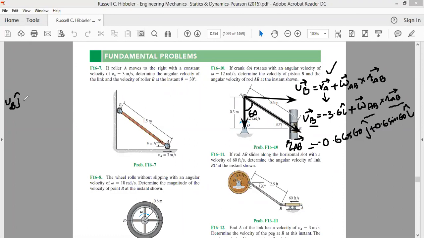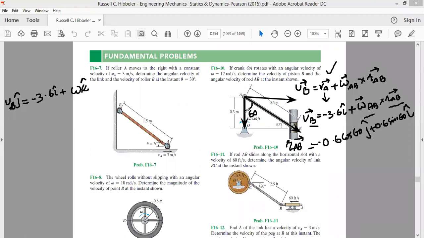Then we have this equal to minus 3.6 i cap plus omega AB. As far as omega AB is concerned, this rod will have an angular velocity, and its angular velocity will be along the z-axis. We'll write this as omega k cap.